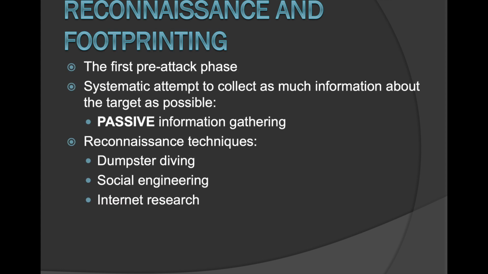The first thing, before the attack, is reconnaissance and footprinting. This is passive information gathering. In other words, this is information gathering that you can do without actually reaching out and touching the target system at all. Examples here, like they say, dumpster diving. This is going outside where they've thrown stuff away.